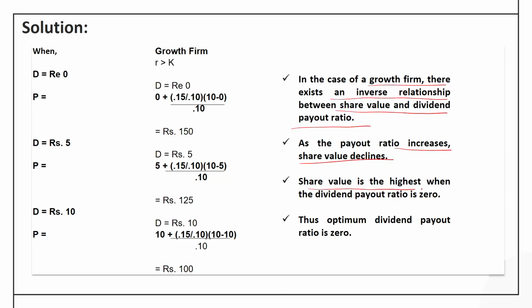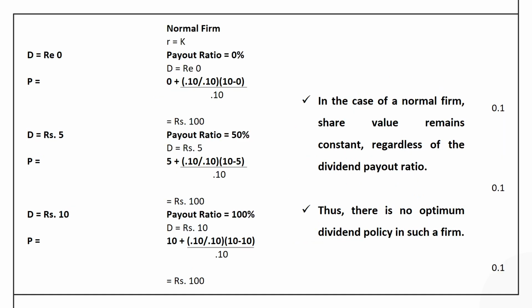Share value is the highest when the dividend payout ratio is 0. So, what do we conclude? If it is a growth firm, utilizing the return in a better manner, then it is always beneficial to retain the profit instead of paying it to the shareholders. Thus, the optimum dividend payout ratio comes out to be 0 for a growth firm.